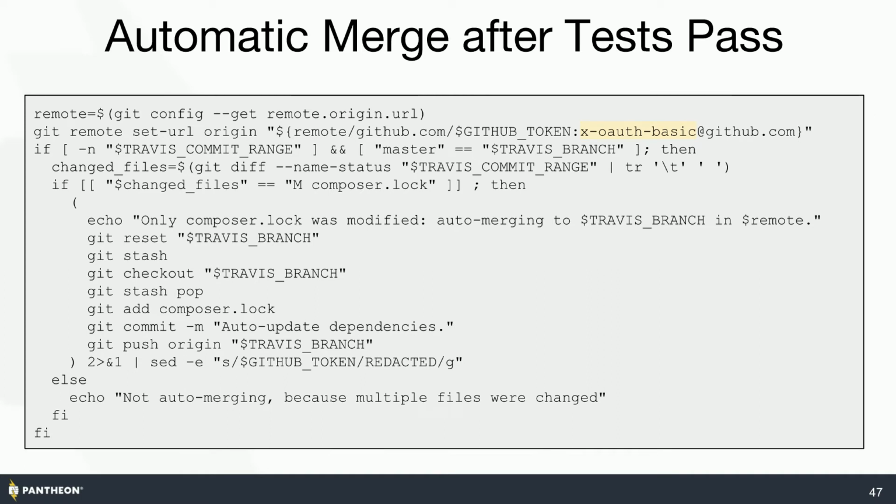Oh yeah, there's one more step here, and this little snippet, if you want to just take it and copy it into your Travis YAML file. After all of these things happen, if the tests pass, it'll say, I'm going to take this and merge it back into the master branch.